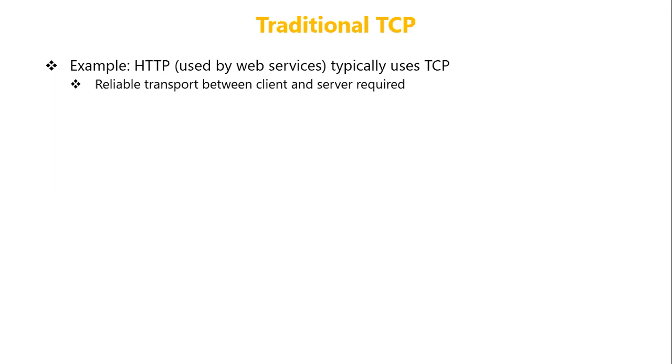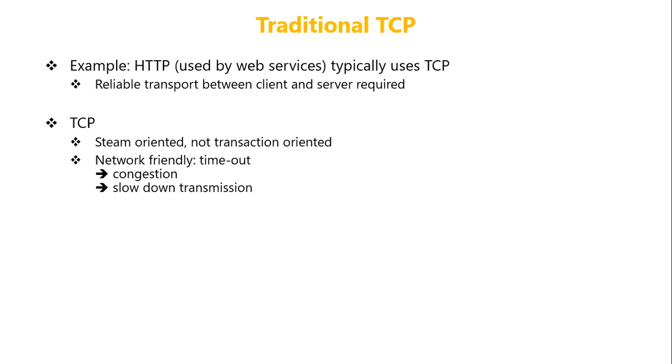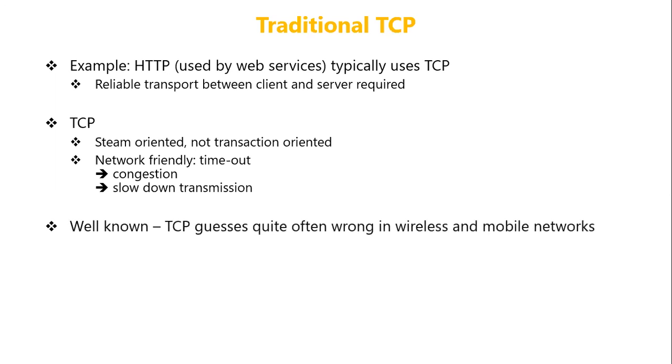TCP also has a built-in mechanism to behave in a network friendly way. If TCP encounters packet loss, it assumes that the network is congested, and automatically it slows down the transmission. But UDP does not behave in such a way.